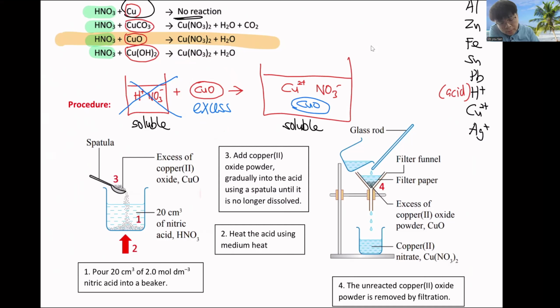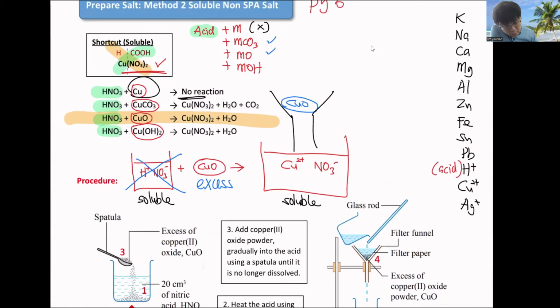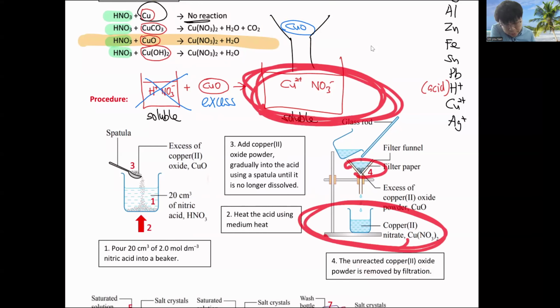Something insoluble means you just need to filter. After you filter, you get pure copper 2 nitrate. So after the next step, the unreacted copper 2 oxide is removed by filtration, and I will get a pure copper 2 nitrate.